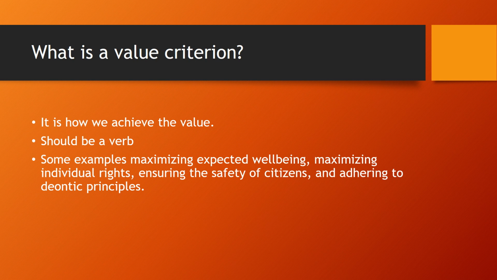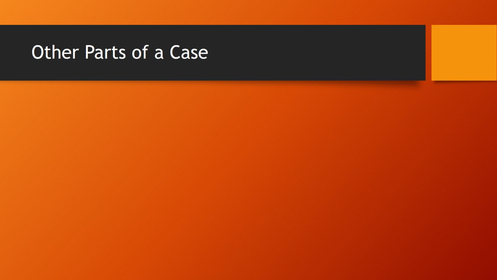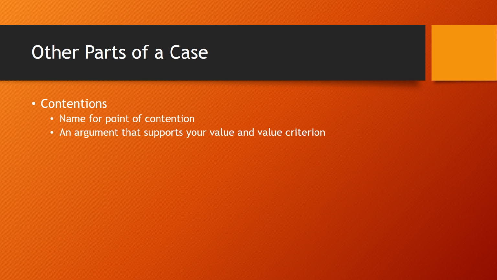Moving on to the other parts of the case, the first other part of the case are contentions, or points of contention, and an argument, and these are arguments that support your value and value criterion. So let's go back up to the previous example where we have Ric's mother. Let's pretend she's writing a Lincoln Douglas debate case because she's desperate to get Ric to understand he needs to stop smoking.